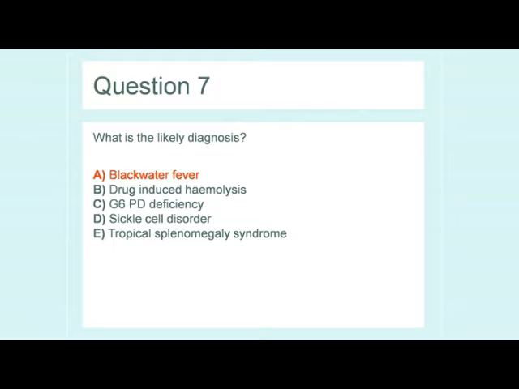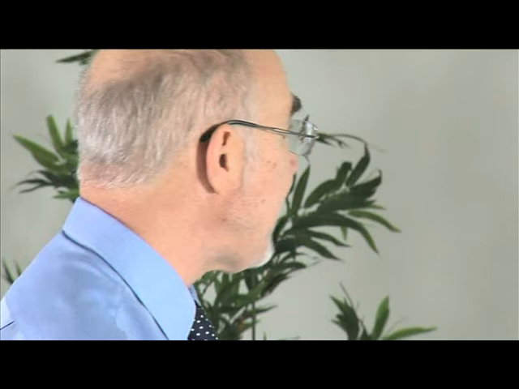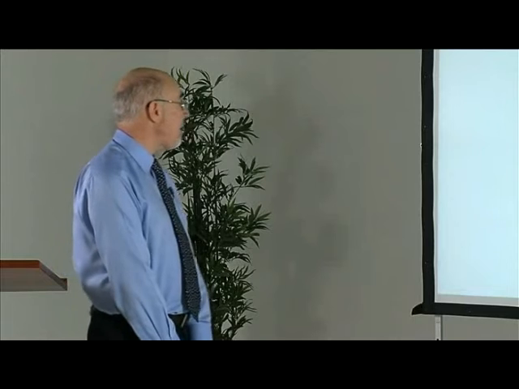Let's think about the other possibilities. What about a drug-induced hemolysis? Quinine is associated with an immune thrombocytopenia. Fairly commonly, in my experience, patients who are given quinine for nocturnal cramps may present with an acute immune thrombocytopenia which is related to quinine therapy.